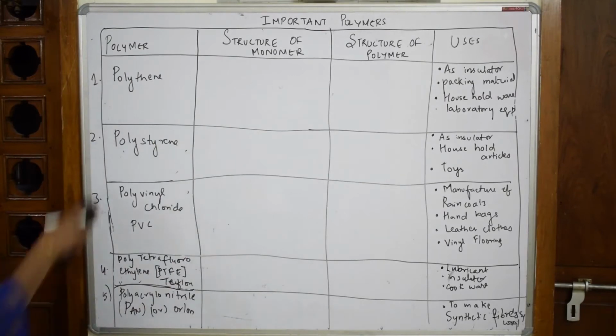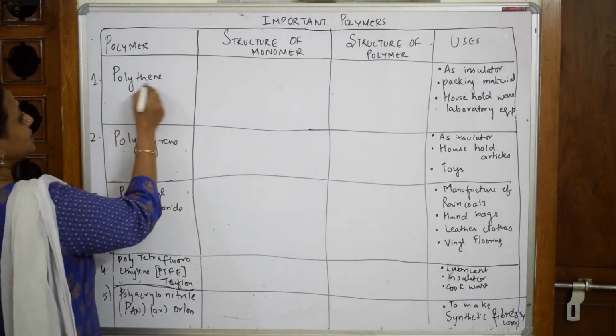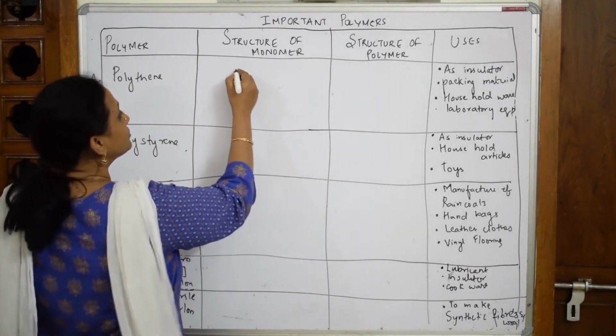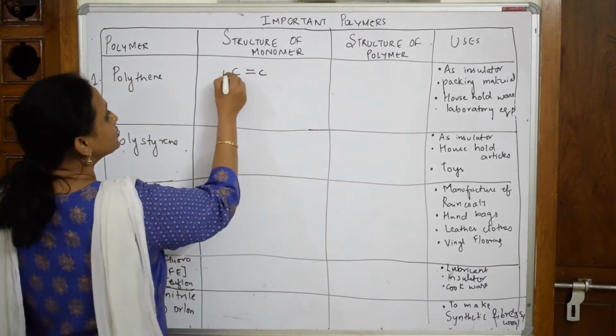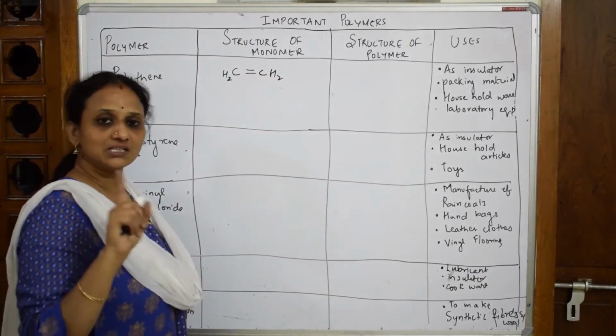Applications of uses. When I speak about polyethylene, as the name suggests, ethene means a 2 carbon compound. So when I have to write the monomer of that, C double bond C is ethene. Now fill the hydrogens, H2, H2. This is the monomer of polyethylene, a single unit.